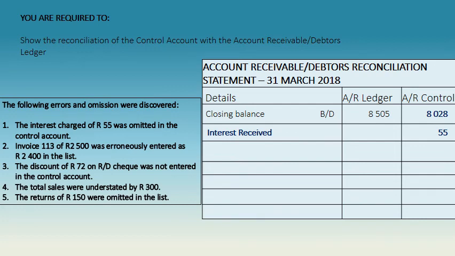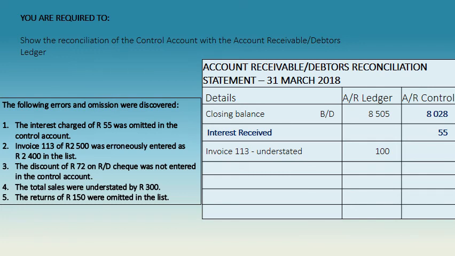The next line, number 2, invoice 113 of 2,500 was erroneously entered as 2,400 in the list. On the reconciliation, it will be shown as invoice 113 understated.